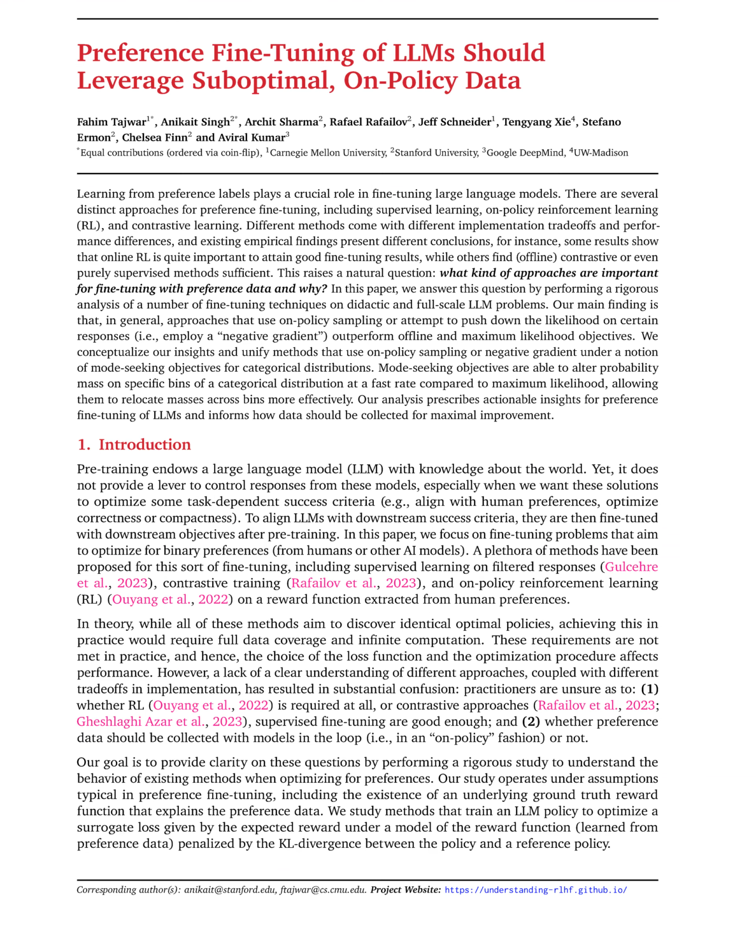The validation is done by comparing the results of different approaches in terms of convergence speed, final performance, and computational trade-offs. The empirical analysis results are presented to answer specific research questions related to the effectiveness of different fine-tuning methods in optimizing language models for preferences.